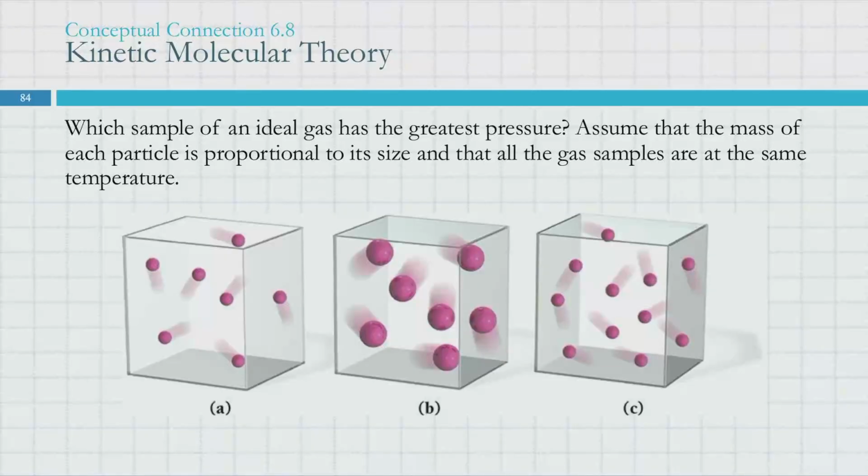There's one that we can rule out, I think, pretty quickly. Does anyone know which one that is? A. We can rule out A because it's got 7 particles. B also has 7 particles, but B has bigger particles.